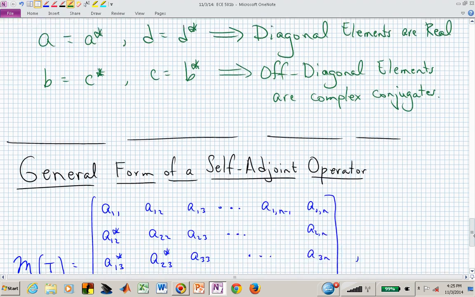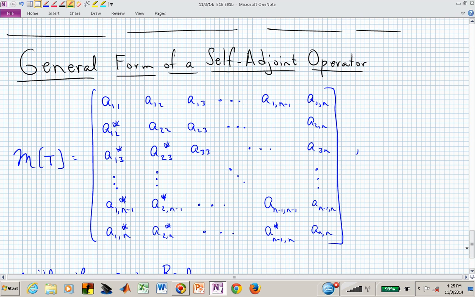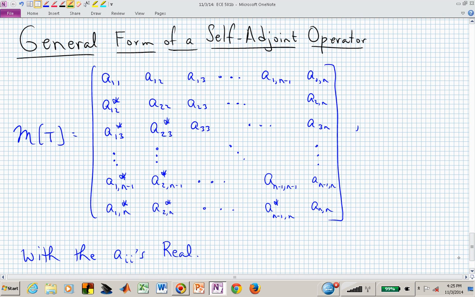And we can think about that in general. And I cheated. I wrote this down before class, and I was hoping I allowed myself enough space. And I did. But this now just says that you can fill in the diagonal of this matrix representation of T. The diagonal is simply all real. And the off diagonal, so now just populate the off diagonals with the standard subscripted scalars, A12, A13, all the way up to A1n.